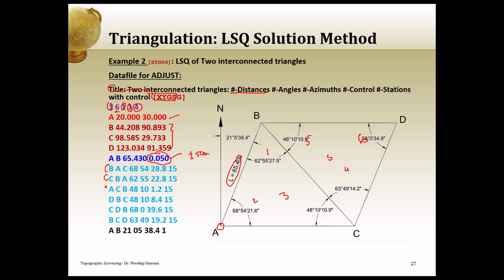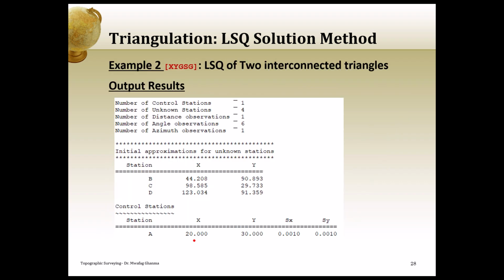And we have the angles, 1, 2, 3, 4, 5, 6 angles, followed by the azimuth of line A to B, and it's 2105, 38.4, and this one is plus minus 1 second, the precision of the measurements. After that, we will put it, of course, in a data file with the extension .out.